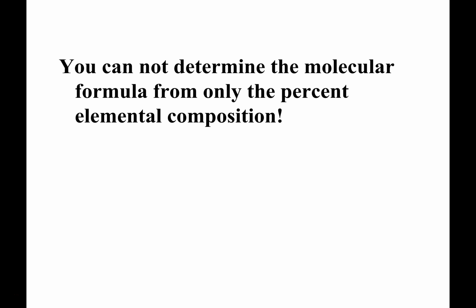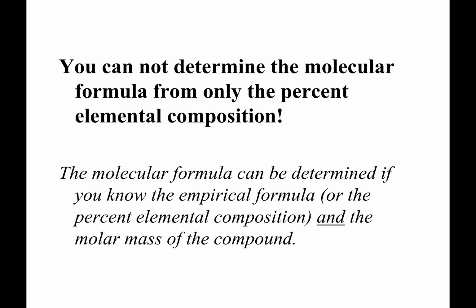All we can do is empirical formula. We can't get the molecular formula unless we have another little bit of information. If we have the molar mass of the compound and the empirical formula, and we'll do an example, then you're set to go. You can go all the way to the molecular formula.